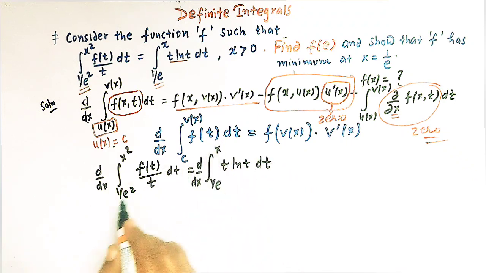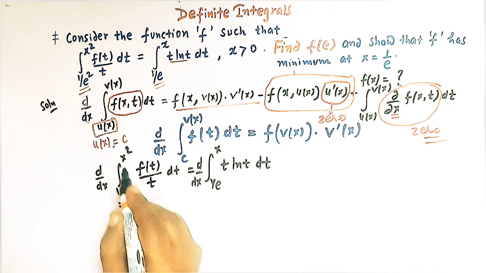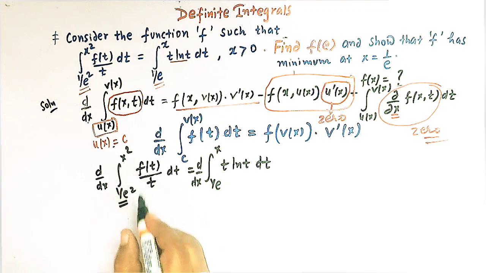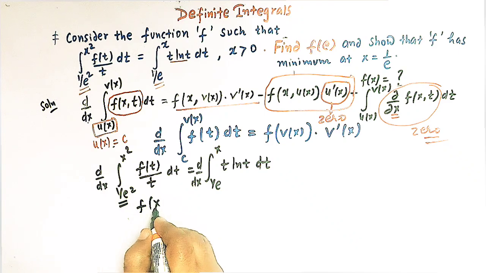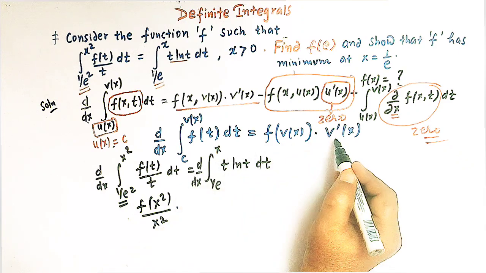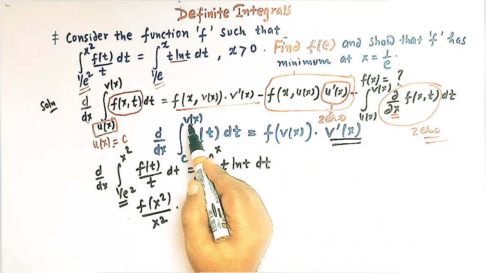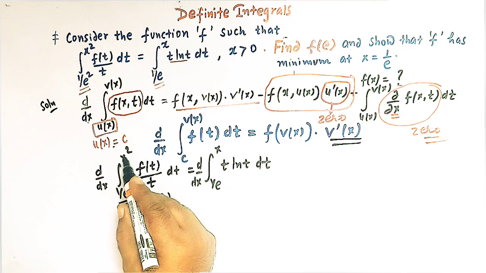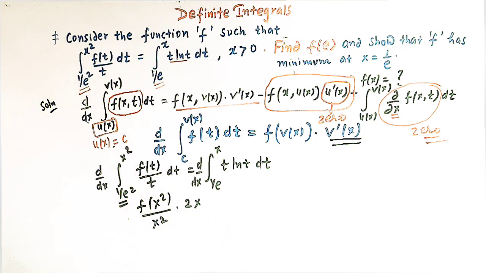So using this result, this is a constant, so we'll simply replace these two t's by x square. So we have f of x square over x square, and then we take the derivative of v of x. So here v of x is x square, so the derivative of x square is 2x, right?